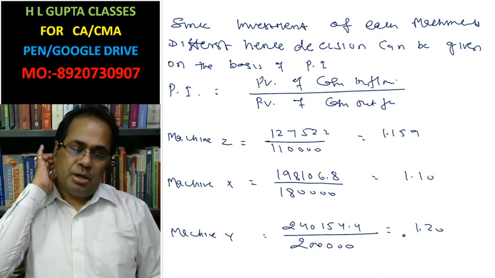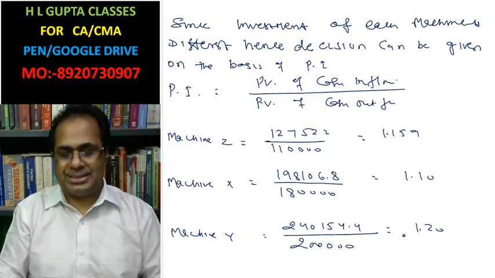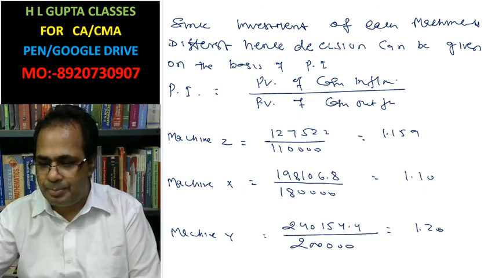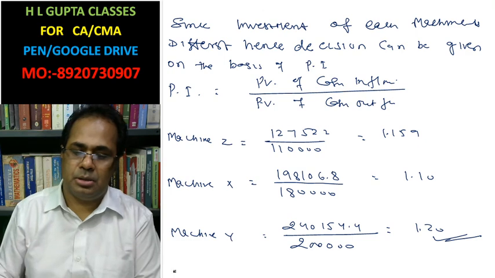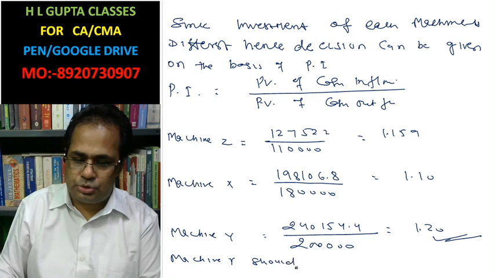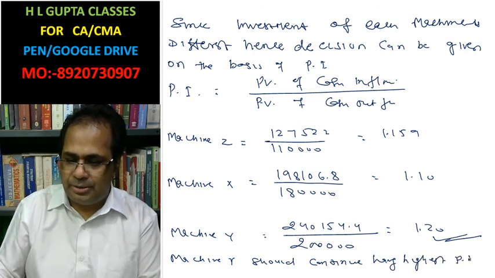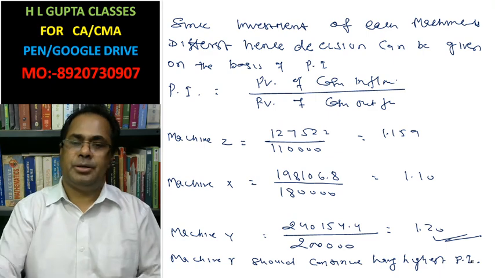On the basis of profitability index as well, machine Y is the best, having the highest profitability index. Machine Y should continue, having the highest PI.